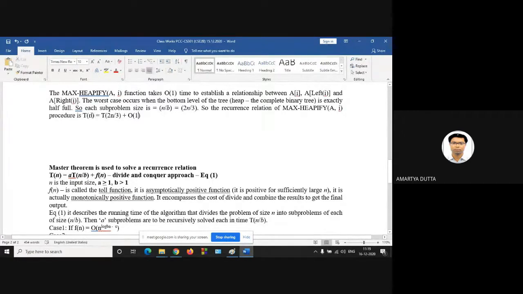Okay, so this is the recurrence relation for max heapify, and using the master theorem, we get the complexity order of log n.